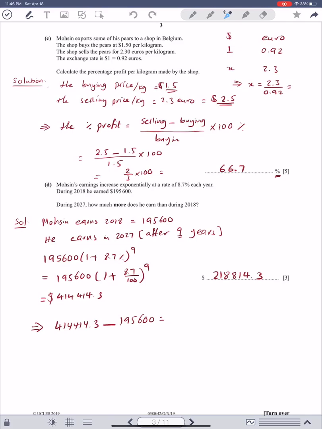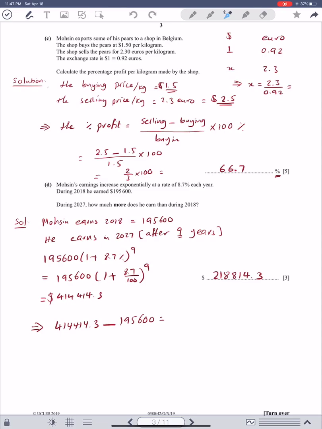Part C. Part C says Mohsen exports some of his pears to a shop in Belgium. The shop buys the pears at $1.5 per kilogram. Then the shop sells the pears for 2.3 euros per kilogram. The exchange rate, each $1 is 0.92 euros.